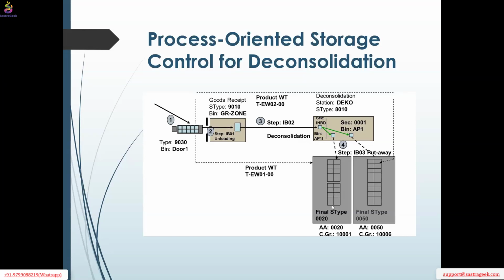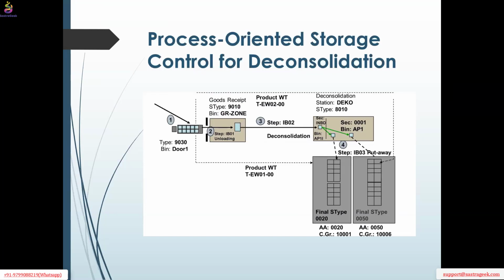Like the Coke would go into the final storage type 0020 and the Pepsi would go into the final storage type 0050, so that when we are issuing the goods to the customer, you do not need to do a hassle of rework again. It would be very easy for us to pick the products and issue them. So this is one of the processes we have in the process oriented storage control.